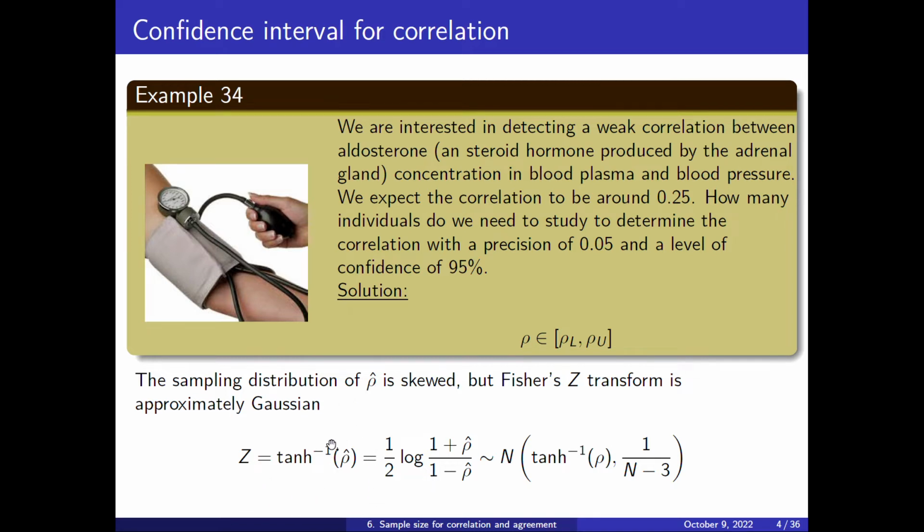It is the inverse hyperbolic tangent of rho, and it can also be calculated like this. The good thing is that the variance of this transformation is 1 over n minus 3.